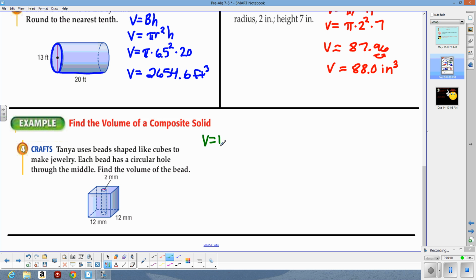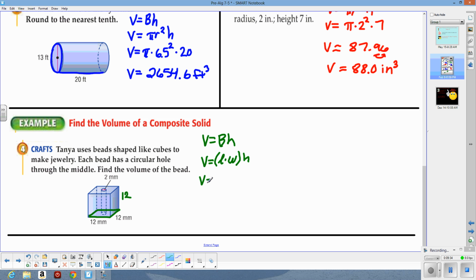Volume equals area of the base times the height, and the base is a rectangle, or in this case a square. So that's going to be length times width. And then we're going to multiply that by the height. Now, since this is a cube, the height is also going to be 12 millimeters.